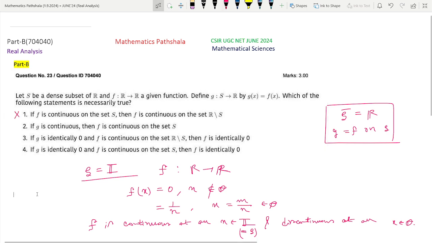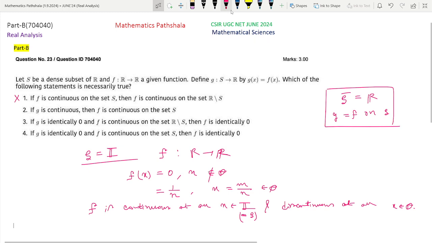Now also look at option 4. If we just take this same function and the same set S, then see G is identically 0. Here G(x) equals F(x) when x belongs to Q, and at x belongs to Q, F is 0.